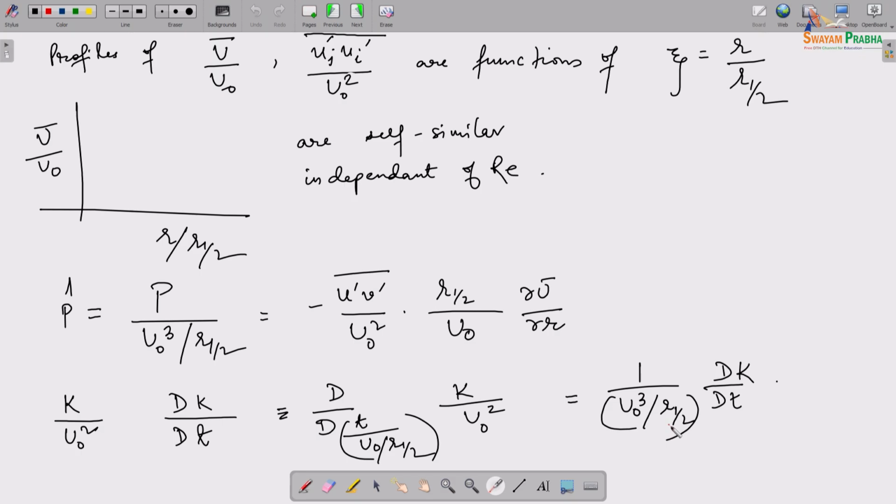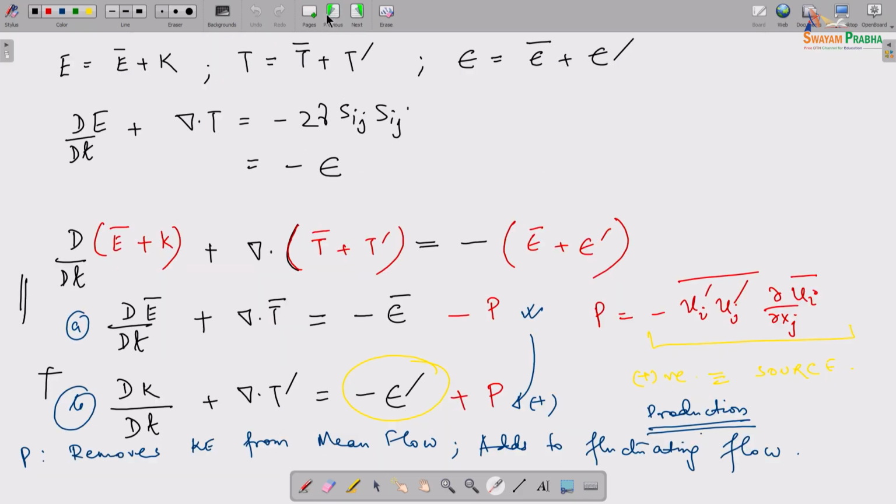Now if that happens, we're almost expecting that if this also I scale with that, this is also going to be self-similar. Why are we even talking about these things?